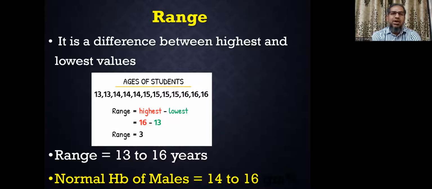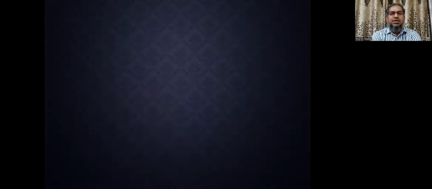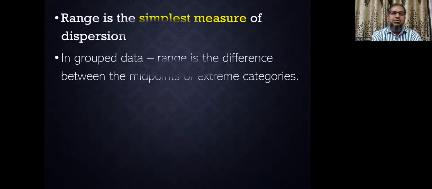Most of the time I ask in the viva the range of normal hemoglobin, particularly when a student is presenting a case of anemia. They never say that the range is 2. They say that the range of normal hemoglobin is from 14 to 16. So the range is from the lowest value to the highest value. Sometimes they take the difference, so try to write down the lowest value to the highest value.